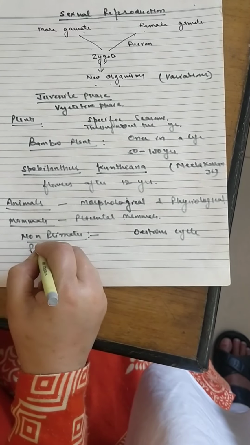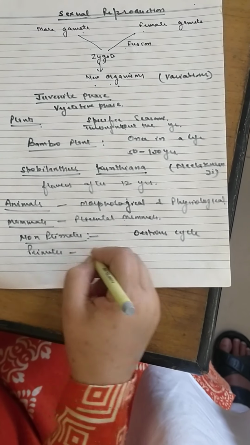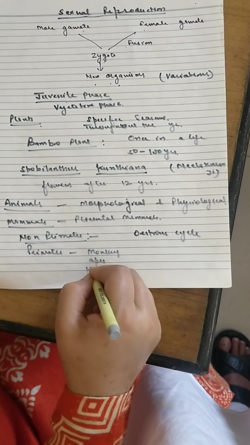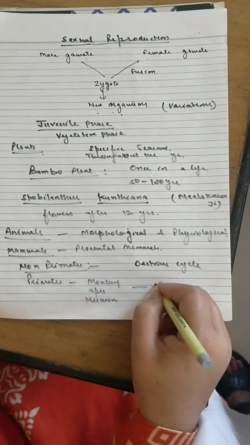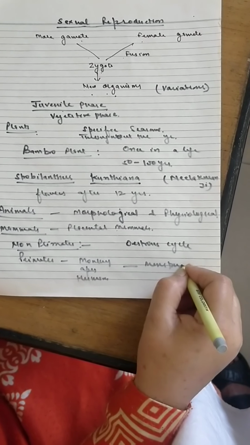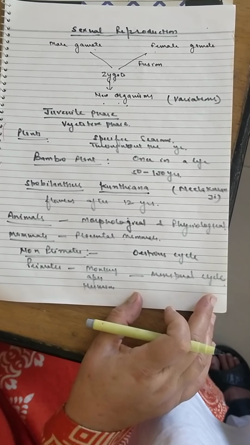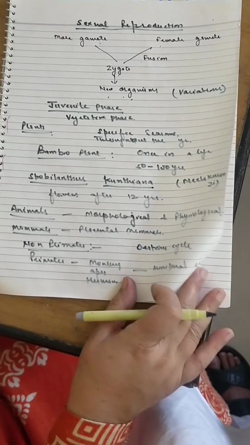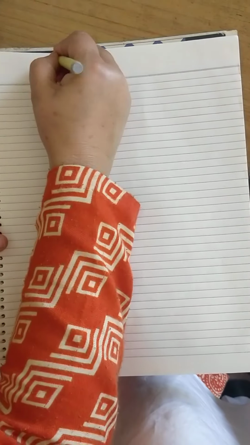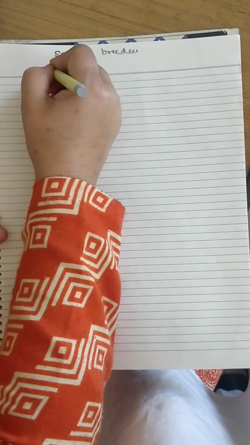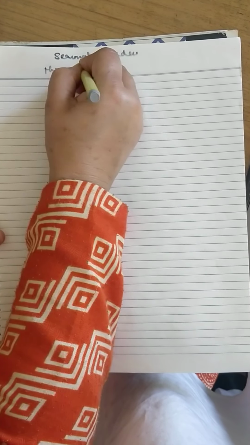In primates, that is monkeys, apes and humans, these cyclic changes are known as the menstrual cycle. Some animals are seasonal breeders, and others breed throughout the year.